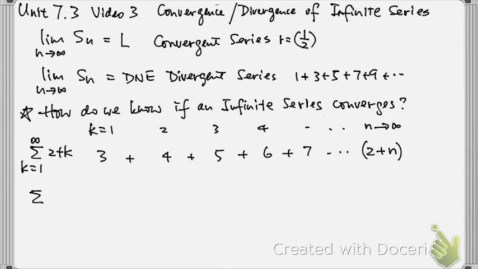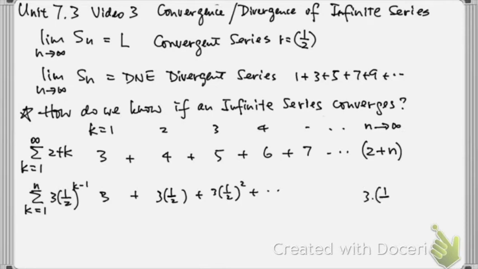Now what about the previous example of a geometric series? Again, I have 3 times 1/2 to the power of k minus 1. The first term is 3. The second term is 3 times 1/2. The third term is 3 times 1/2 squared, and so on and so forth. And this is 3 times 1/2 to the power n minus 1.